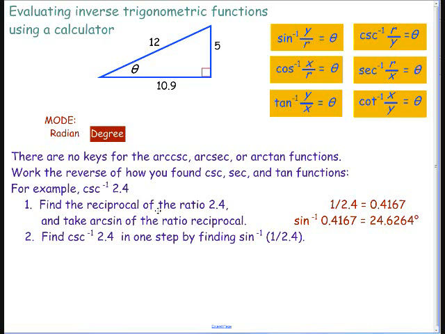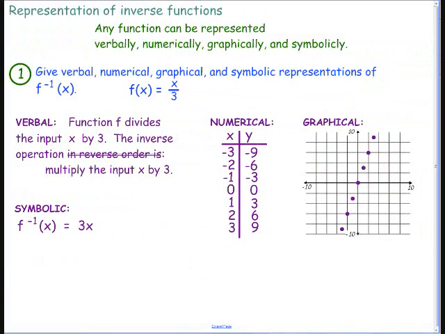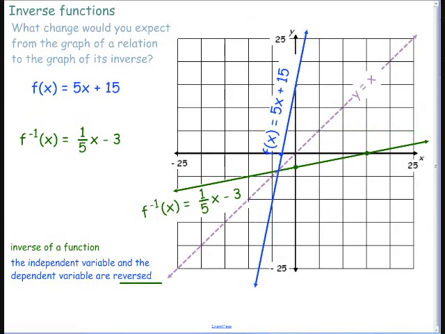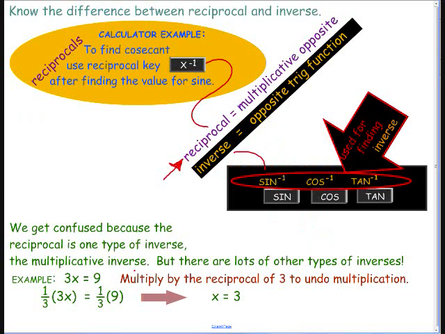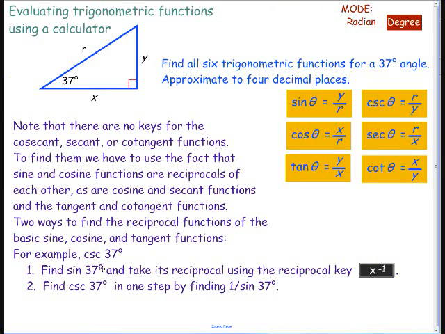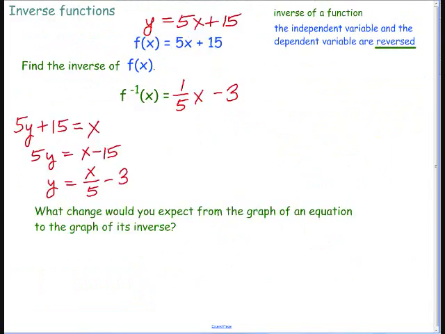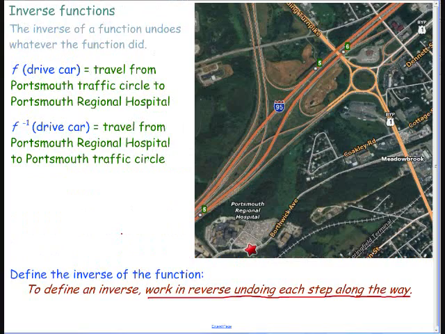Remember, when you were looking for cosecant, you found sine and then took its reciprocal. So now what would we do? We'd find the reciprocal first, wouldn't we? Because you always work in reverse. Do the last thing first.